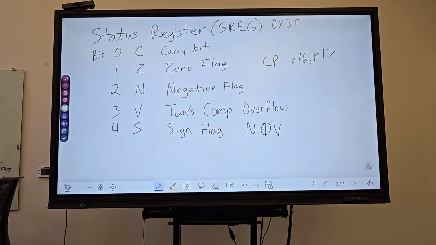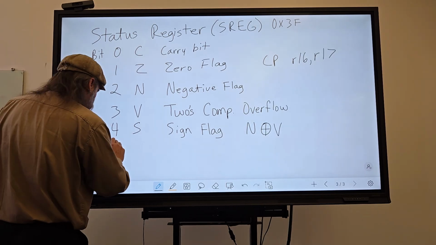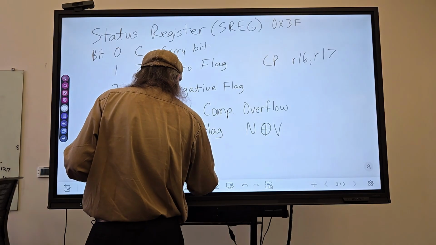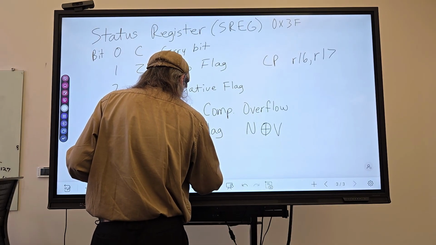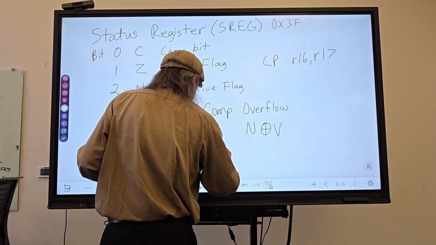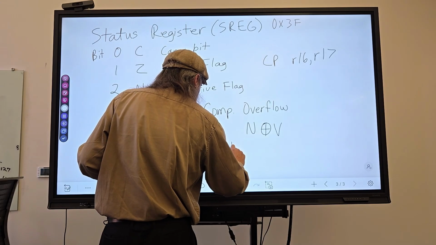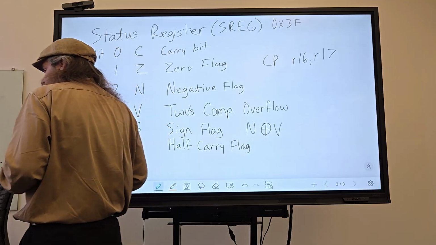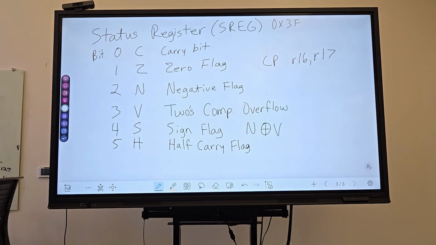Bit 5, the half carry flag. I've never used this flag myself. It is set when there's a carry from the least significant nibble to the most significant nibble.